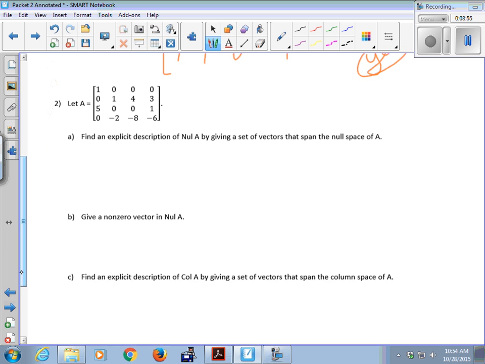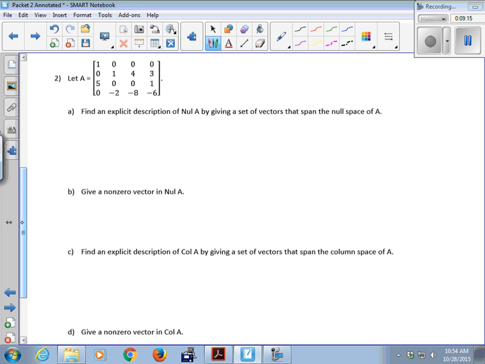All right, let's look at number 2. Here I've got a 4 by 4 matrix, and I want to come up with an explicit description of the null space of A by giving a set of vectors that span the null space. So this is probably, I think, Cooper, what you were saying was confusing in the reading. All right, so I want to describe the null space.